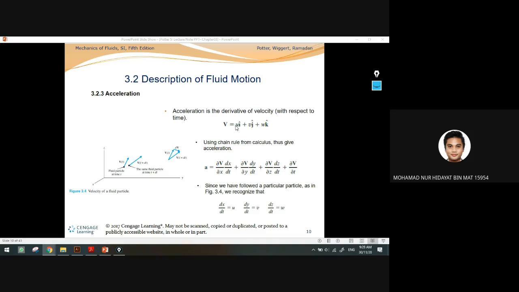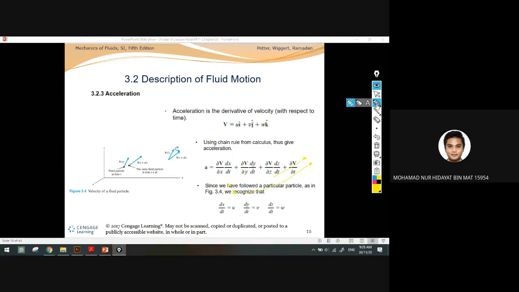Remember, when we talk about the vector, we have the magnitude and the direction. So how does it represent? In the velocity vector, this is the magnitude, and I, J, and K are the direction.